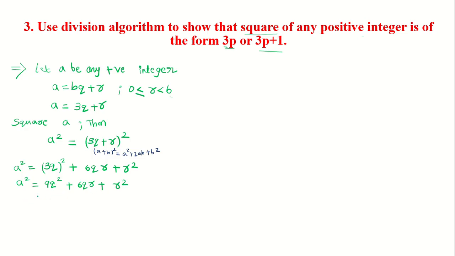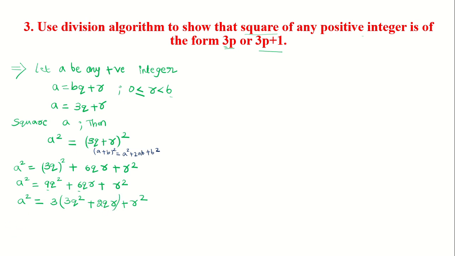Now we can simplify this equation like this. See, here we have 9, here we have 6. If we take 3 out as common, both will go in the 3 table. So taking 3 as common, 3 3s are 9, so 3q square plus, here how much is 6? 3 2s are 6. qr as it is, plus this r square.